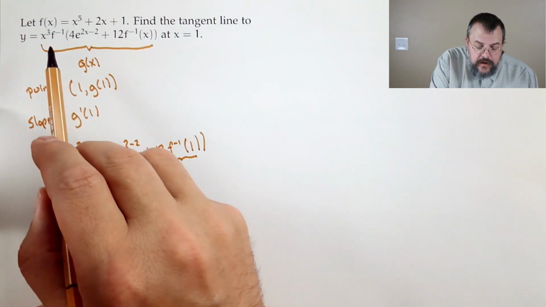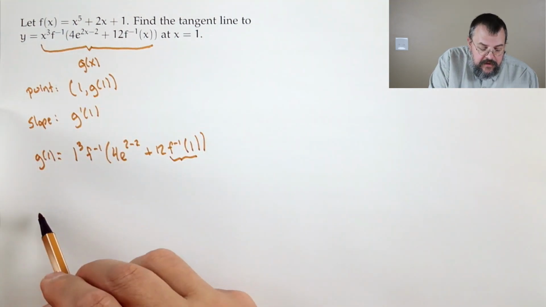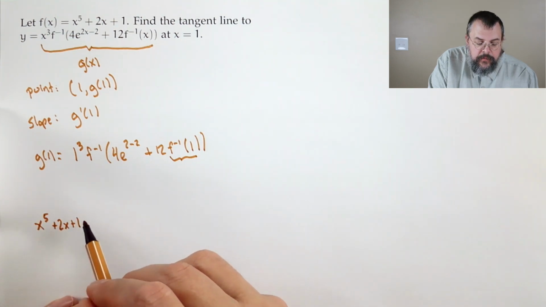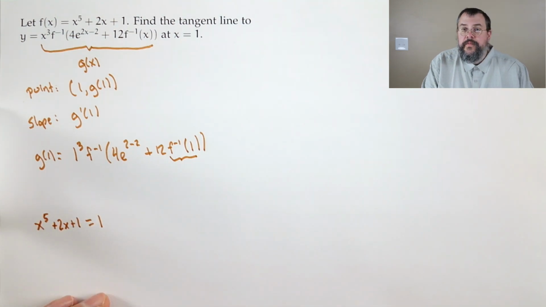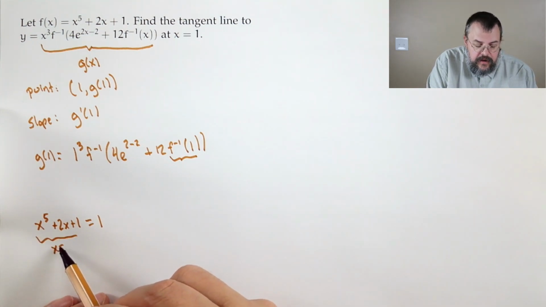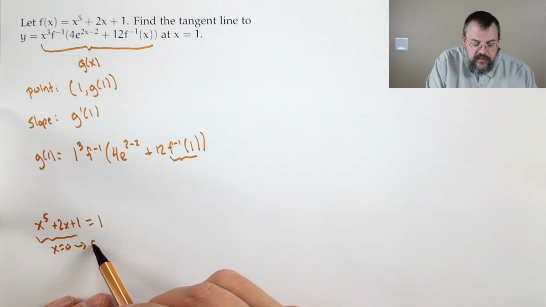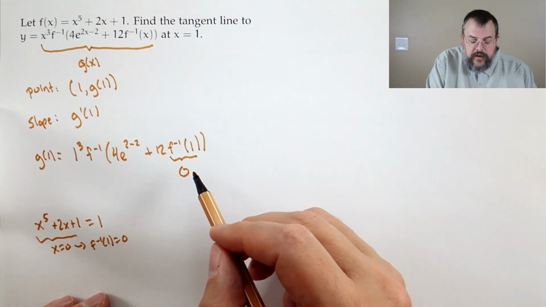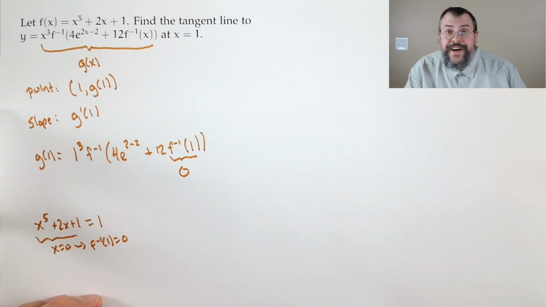So that says, look at your function f, x to the fifth plus 2x plus 1. When does it equal 1? Well, that's not so hard to figure out. We just need to find any value that works. 0 works, and so the fact that 0 works tells us that f inverse of 1 is 0. Hey, great news for us.